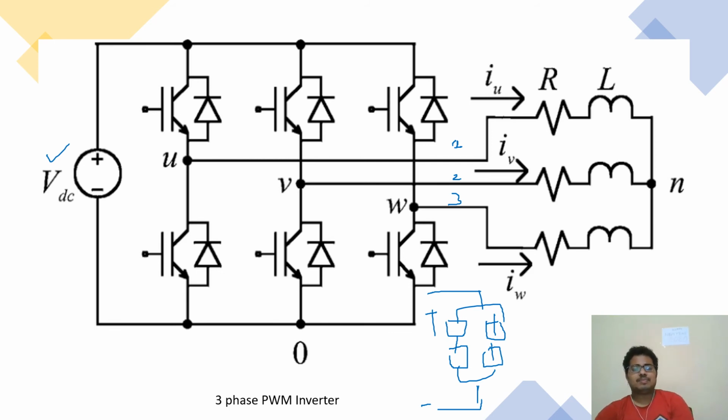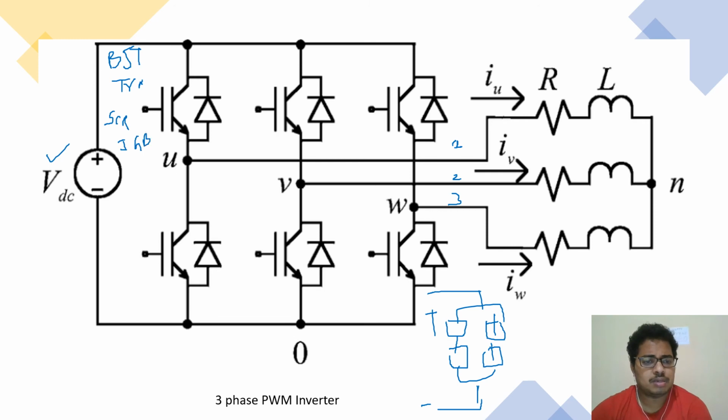To turn on these devices, we need some firing circuits. If it is a diode, it will directly turn on. There is no need of any further firing circuits. If it is a BJT, a transistor, an SCR thyristor, an IGBT, a MOSFET.